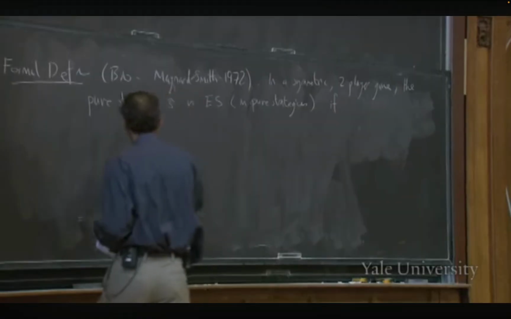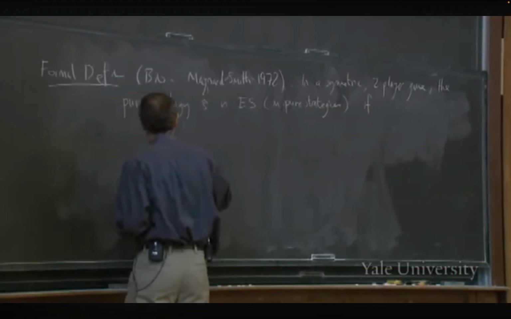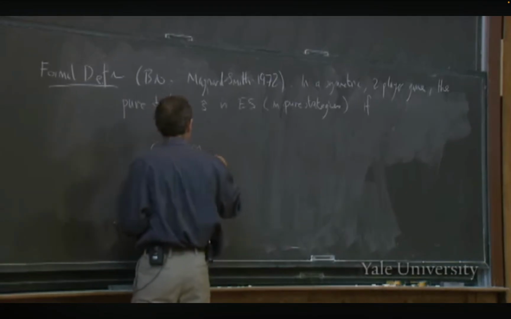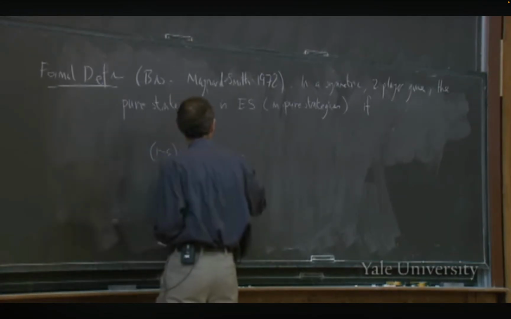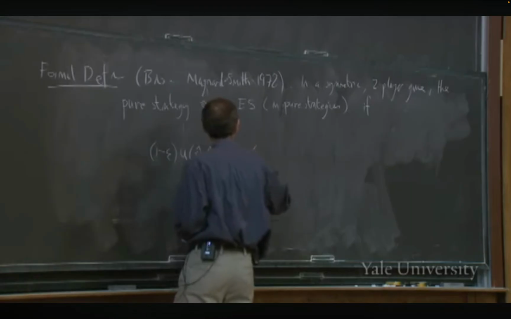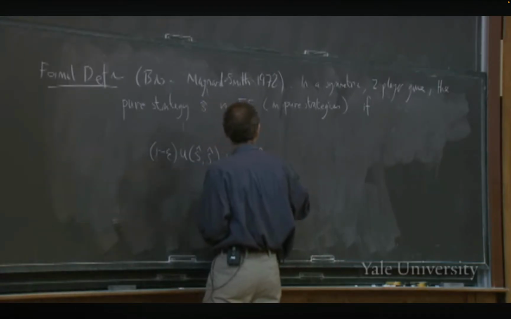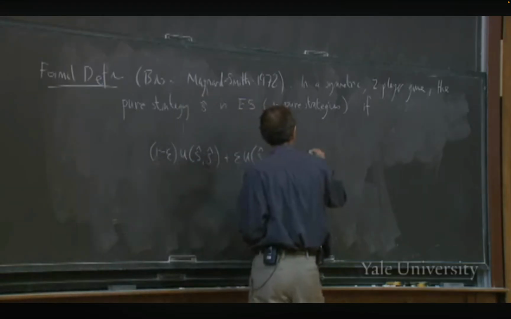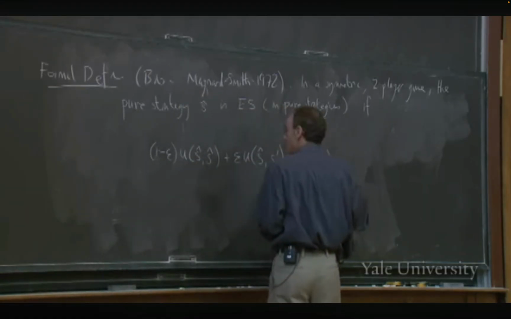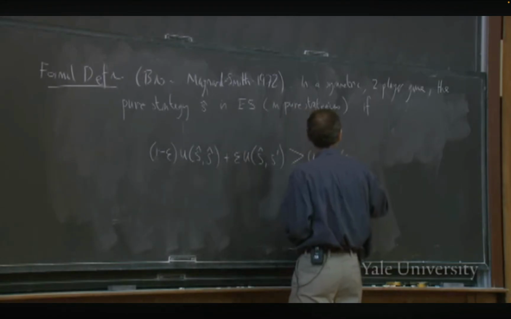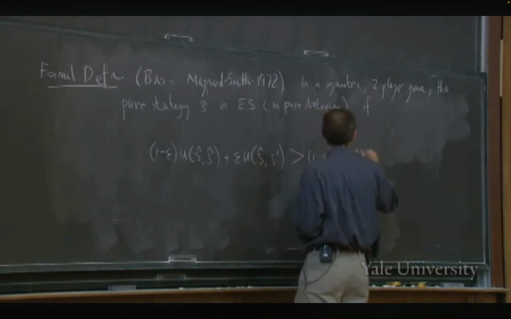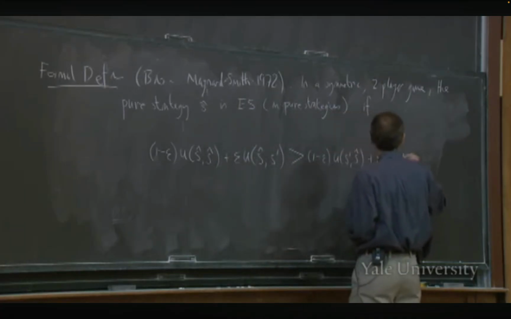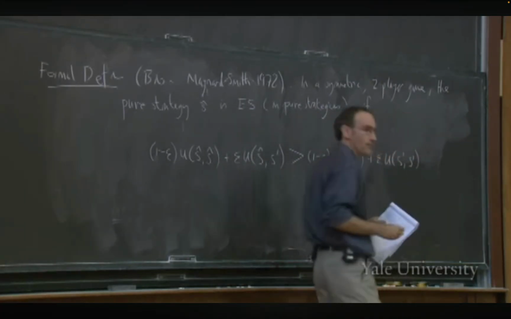All right, so here's our big mouthful. What we need is 1 minus epsilon of the payoff of playing S hat against S hat plus epsilon of the payoff of playing S hat against S prime has to be strictly bigger than 1 minus epsilon of the payoff of playing S prime against S hat plus epsilon of the payoff of playing S prime against itself.